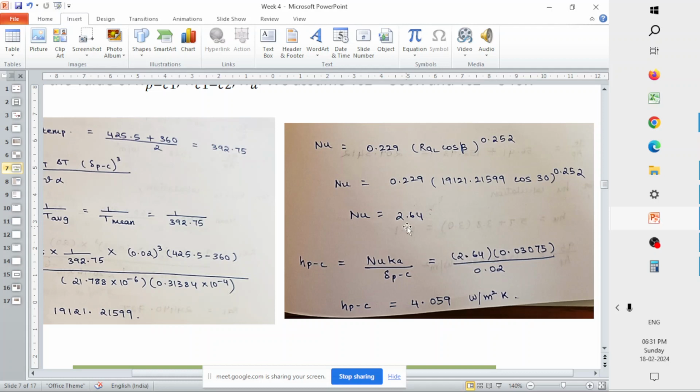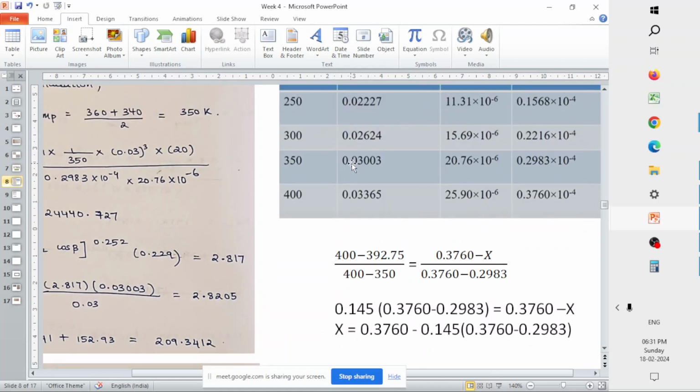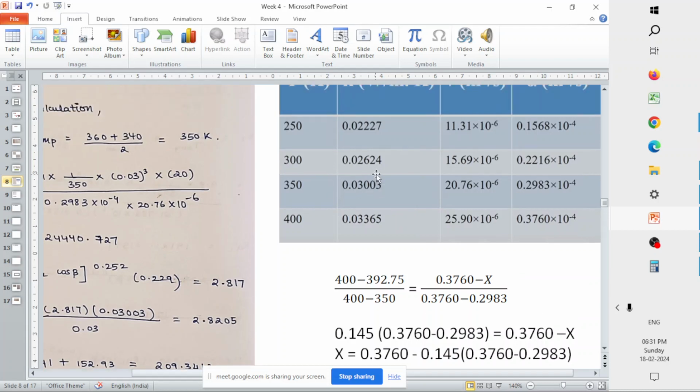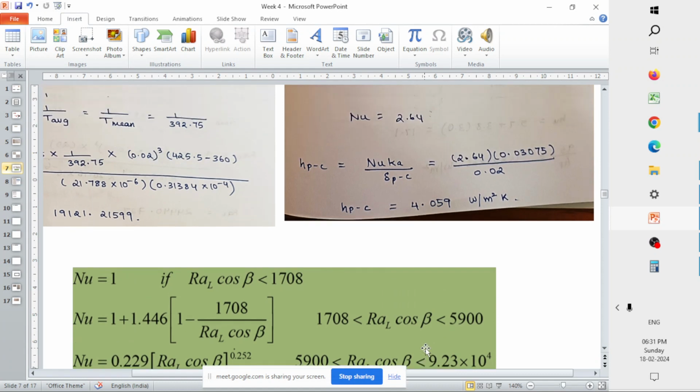So Nu is 2.64, and then K, the thermal conductivity, again we have to calculate based on the given data and this way of solving, at 392.75 degrees Celsius, which will come around 0.03075.